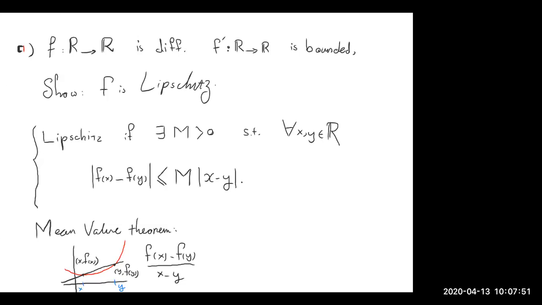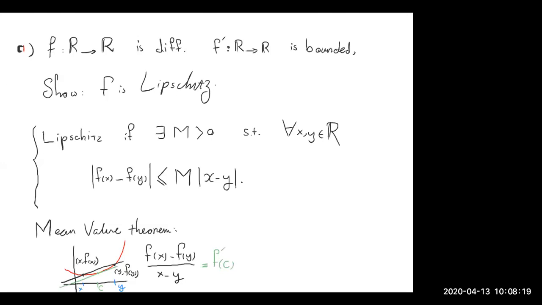If you look at the graph, you will see there exists some point, let's call it c, such that the tangent line to the graph at c, f of c, is parallel to this black segment, which means this quantity equals the derivative at some point.